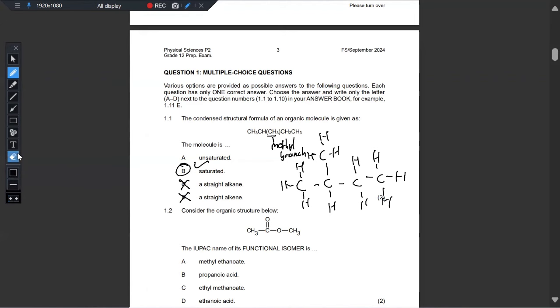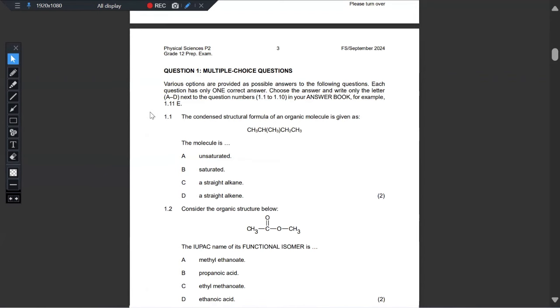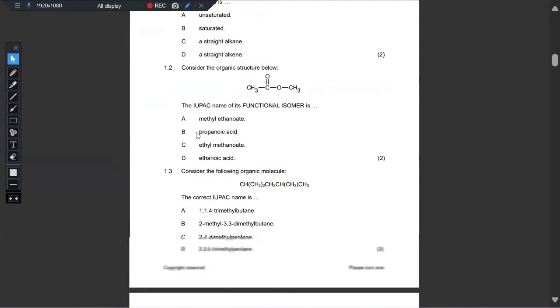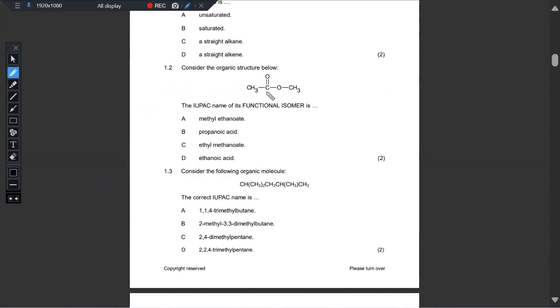Right. Then we have 1.2. It says, consider the organic molecule below. The IUPAC name of its functional isomer is. Now, looking at this, we can tell that this here is an ester, right?